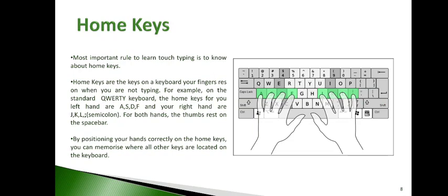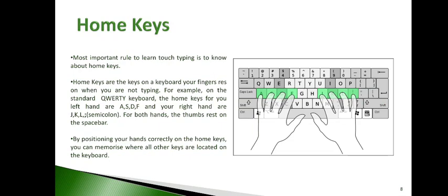For both hands, the thumbs rest on the space bar. Yes, you can see it in the picture also. Once you have learnt this placement of fingers, the touch typing process starts. Means now you can start learning typing without looking at the keyboard. So this is the first and important rule.